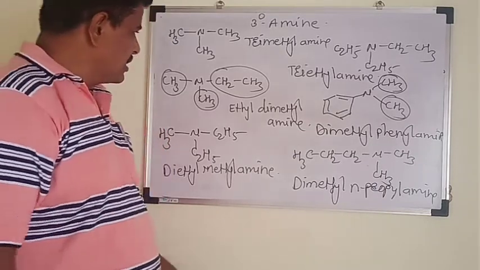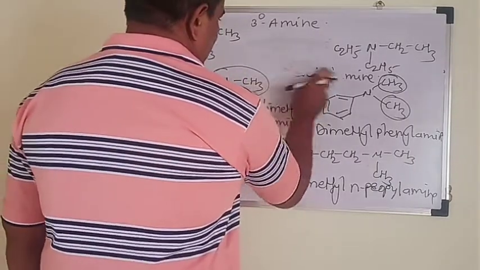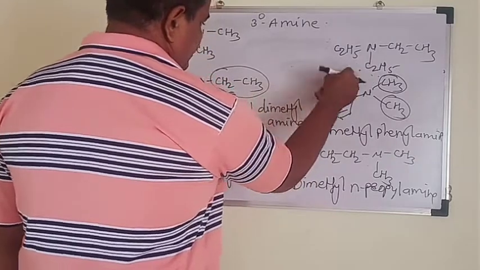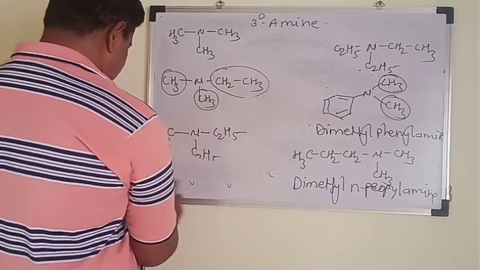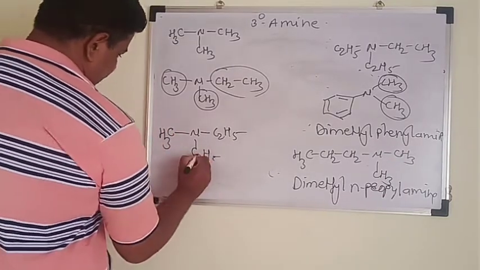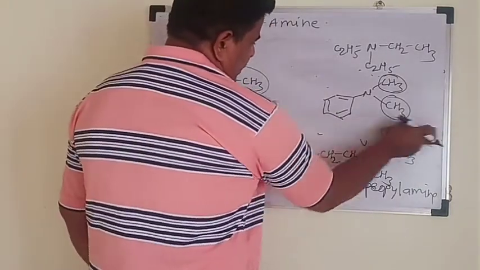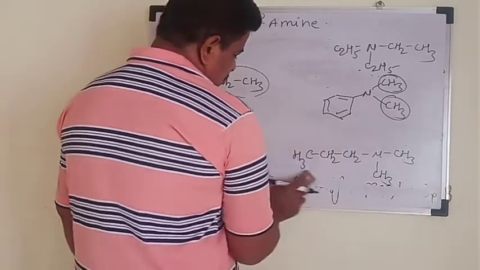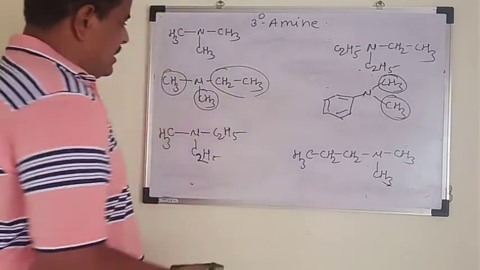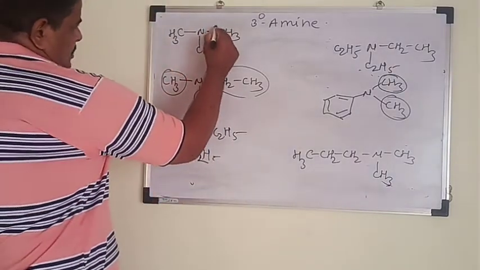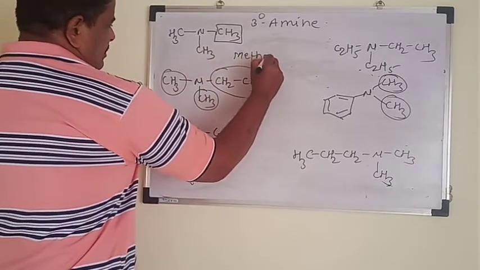Then we will consider IUPAC nomenclature system of this tertiary amine. First point is select longest chain of carbon, give the name of parent hydrocarbon, replace suffix E of parent hydrocarbon by amine. So general rules are there which we have used in secondary amine. Its name becomes methane.